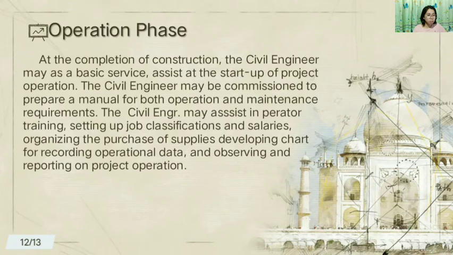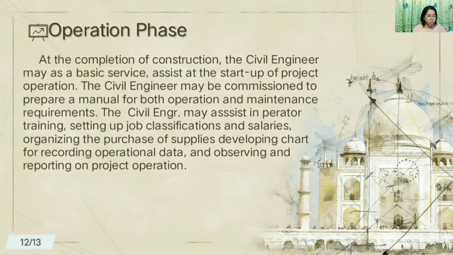The civil engineer may be commissioned to prepare a manual for both operation and maintenance requirements. The civil engineer may assist in operation training, setting up job classifications and salaries, organizing purchase of supplies, developing charts for recording operational data, and observing and reporting on project operation.